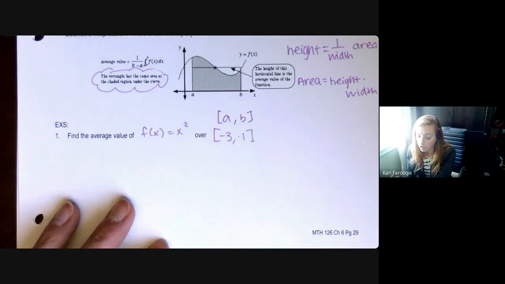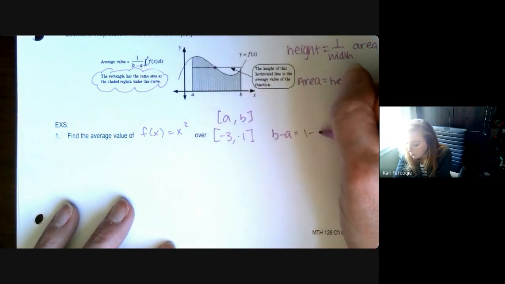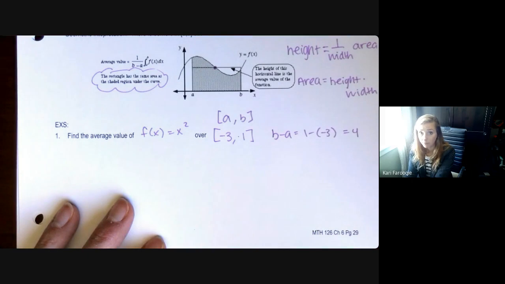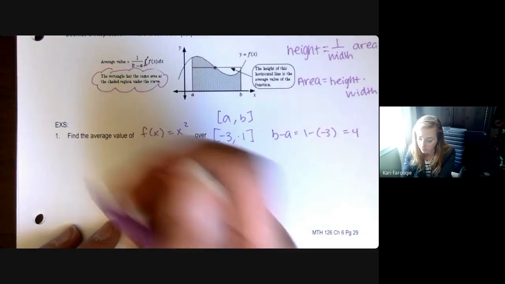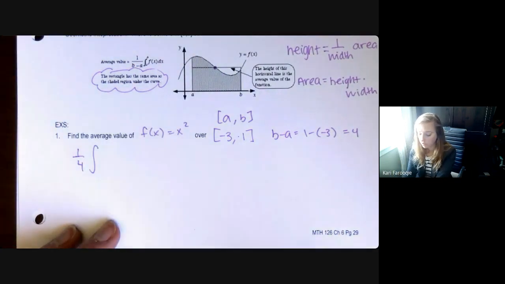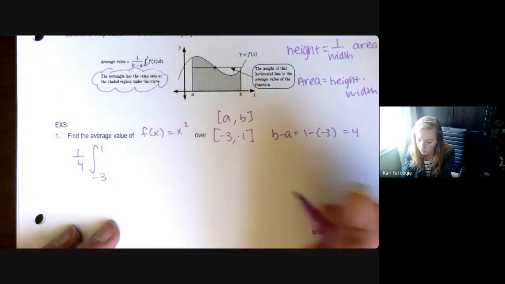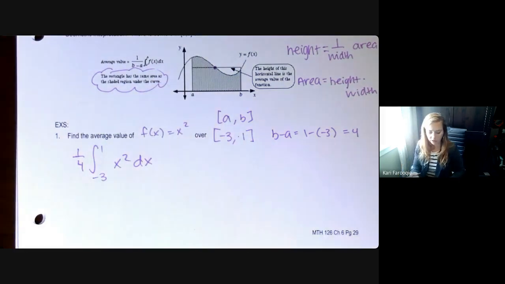So if I'm talking about B minus A, B minus A is 1 minus -3, which is 1 plus 3, which is 4. So all we're going to do in this case is set up an integral where we're taking 1 over B minus A, so 1/4, times the integral from A to B, so from -3 to 1 of x squared dx. And then I think we should look at this in our calculators too, and we're done.